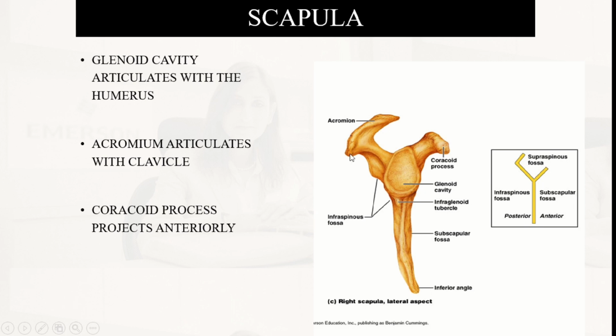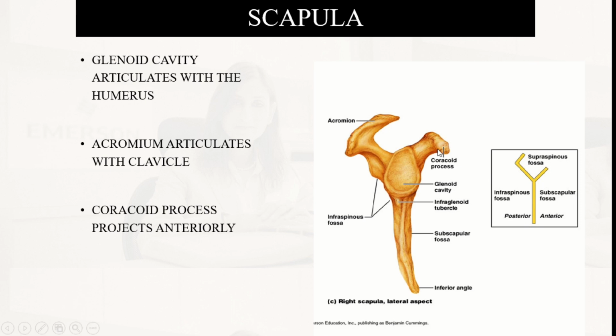So we are talking about the parts of the scapula, but the lateral aspect now. So this is the lateral aspect. The glenoid cavity, on this side, articulates with the humerus, the acromion articulates with the clavicle, and the coracoid process projects anteriorly.